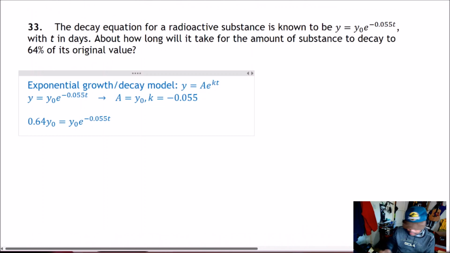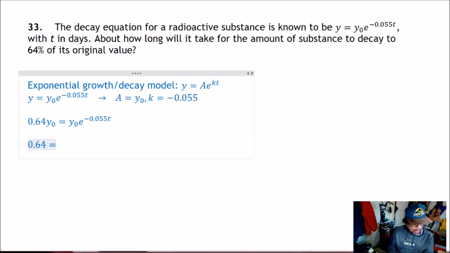Right? Okay, that looks great. And if all of this is true, that means that the y naughts are going to cancel, and we get 0.64 is equal to e to the negative 0.055 t. All right, this is all we need to go on.